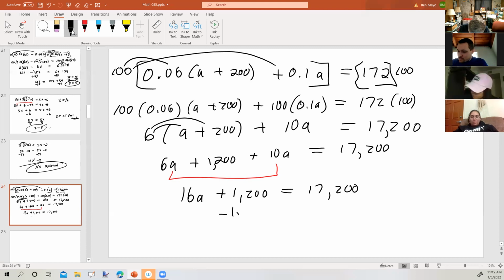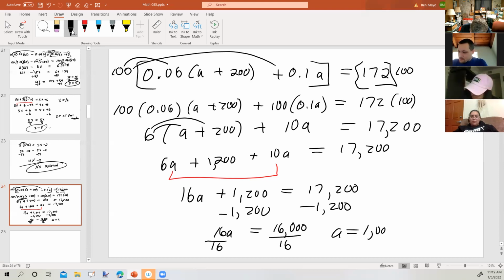Isolate the variable term. Subtract 1200 from both sides. 16a equals 16,000. Divide both sides by 16. a equals 1,000. Okay, we all right with that?